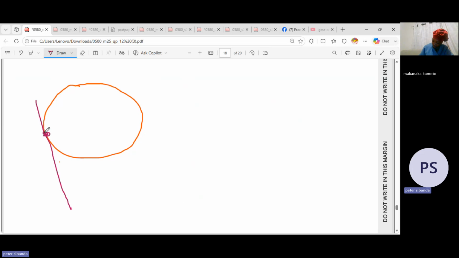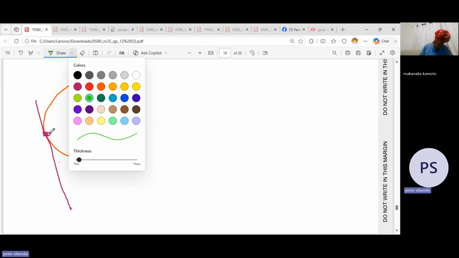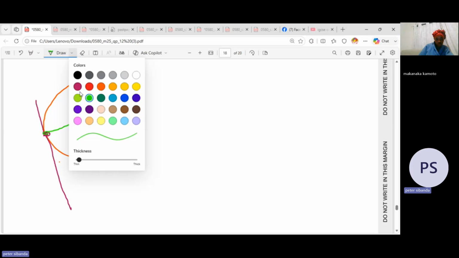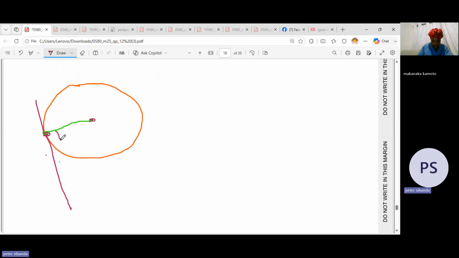If it is established that this is the center, a line can be drawn from this center to the point of contact of the tangent on the circle. When that happens, the line coming from the center and this tangent meet at a right angle, meaning they form 90 degrees, this side as well as the other side. That's the theorem.